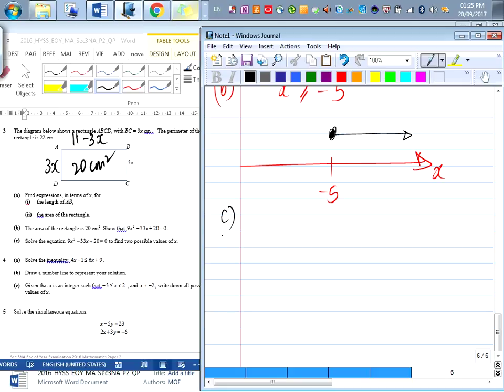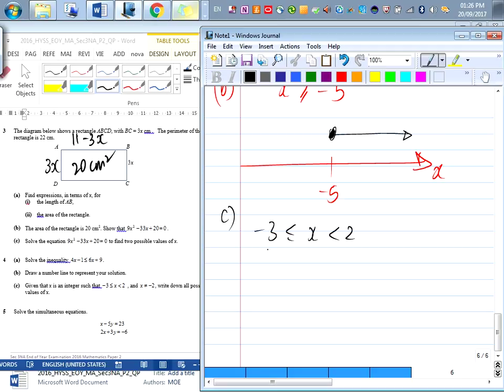Now part C, given that x is an integer such that x is between -3 and 2, write down all the possible values of x. Oh, it is an integer as well. Did I write something wrong? Oh, yeah.